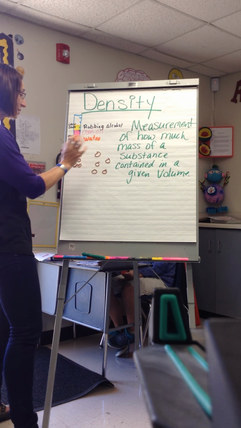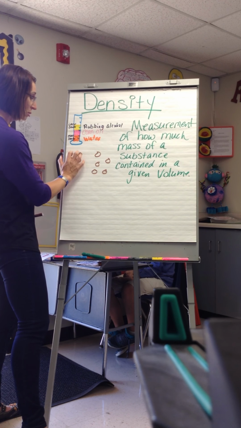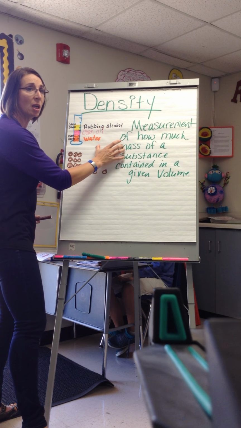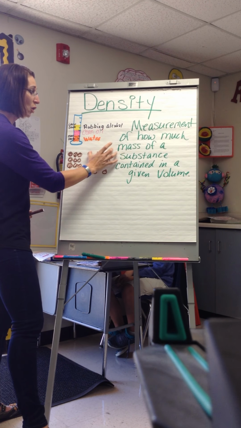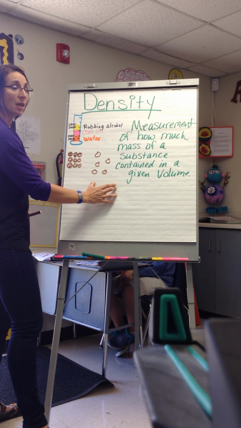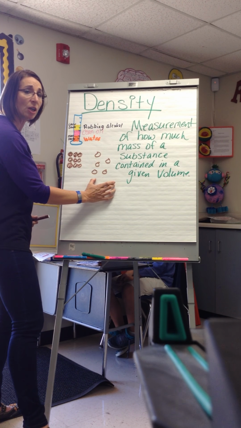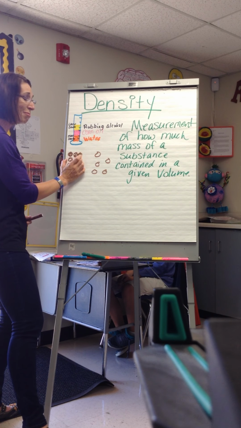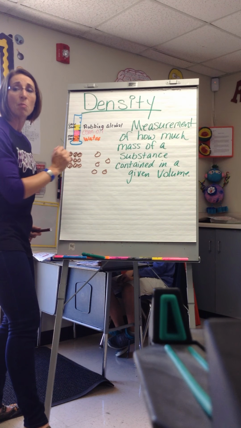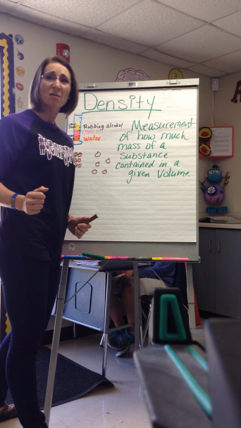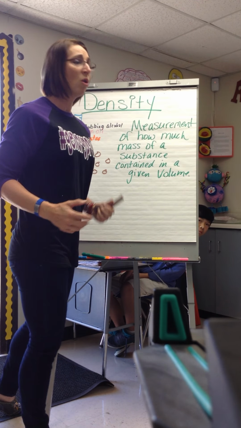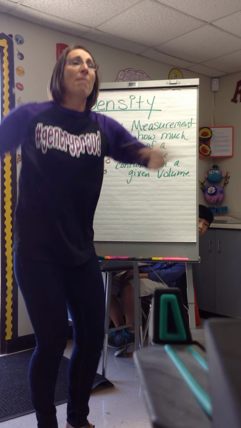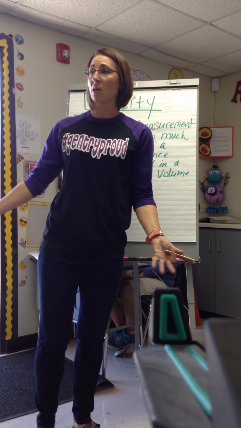If I take the same amount of material and put it in a bigger volume, it'll be less dense. If I take this material and put it into a smaller volume, I'm making it more dense. Does that make sense? Yeah. Because you want to spread your stuff out and make it less dense when you go packing.